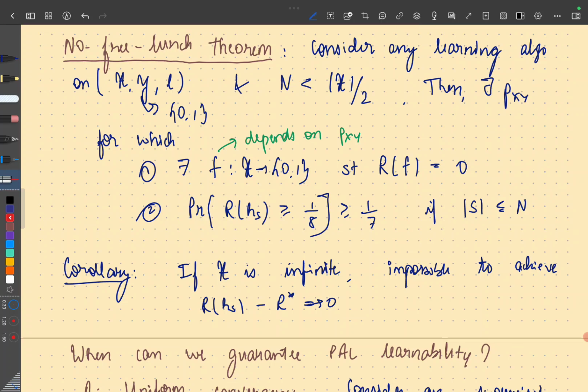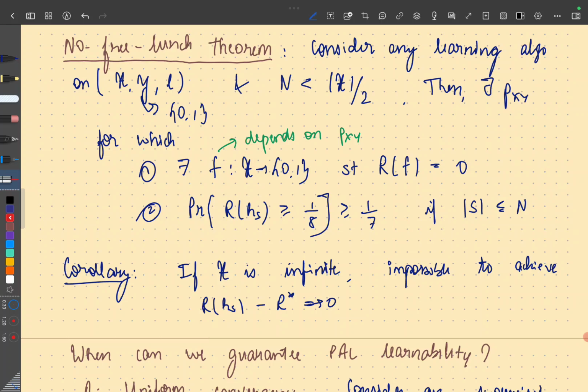So yes, if you choose your hypothesis class to be the set of all possible functions from x to 0, 1 and x is infinite, then this hypothesis class is not PAC learnable. But if x is infinite, but your H is not the set of all functions from x to 0, 1, then there is still the hope of being PAC learnable.